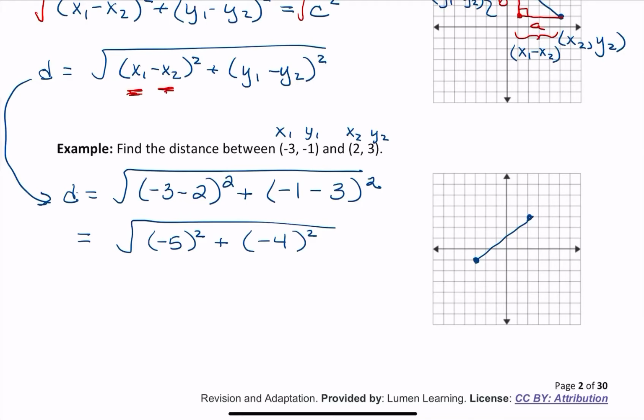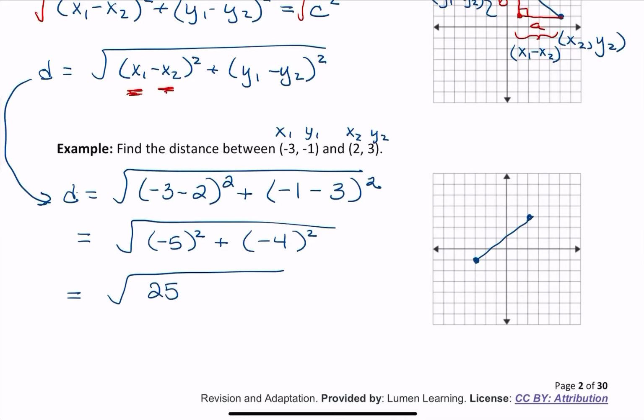Now be careful here. If you're using a calculator, make sure you use the parentheses, because if you just plug in -5 squared into your calculator, it doesn't square the negative, it just squares the 5. So it'll give you back -25, which you should know that -5 times -5 is going to give you a positive 25.